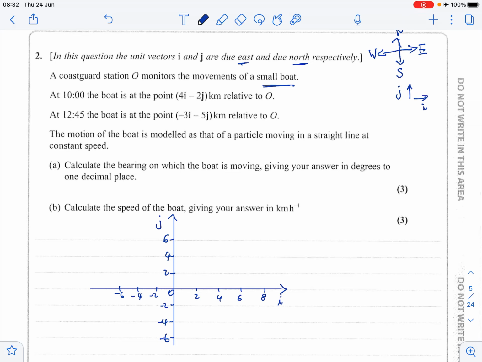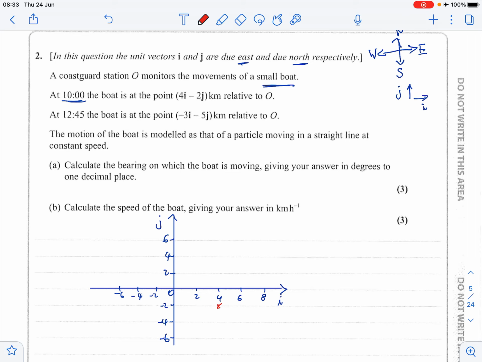Okay, so let's find our point at 10 o'clock, which is 4i minus 2j. So this is go 4 across, then 2 down. This is our point at 10 o'clock. Then at 12:45, the boat is at the point minus 3i minus 5j.